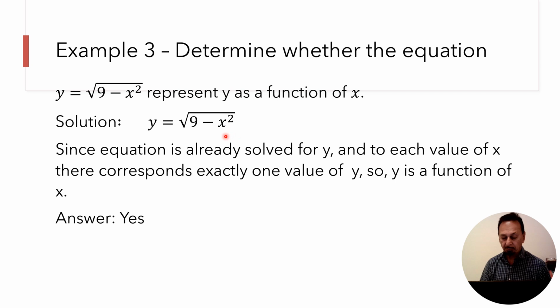For example, if you put x equal to 0, you have the square root of 9, which is 3. So for input x equal to 0, the output y is equal to 3. This means for one input, there is exactly one output. Therefore, this represents a function. So the answer would be yes.